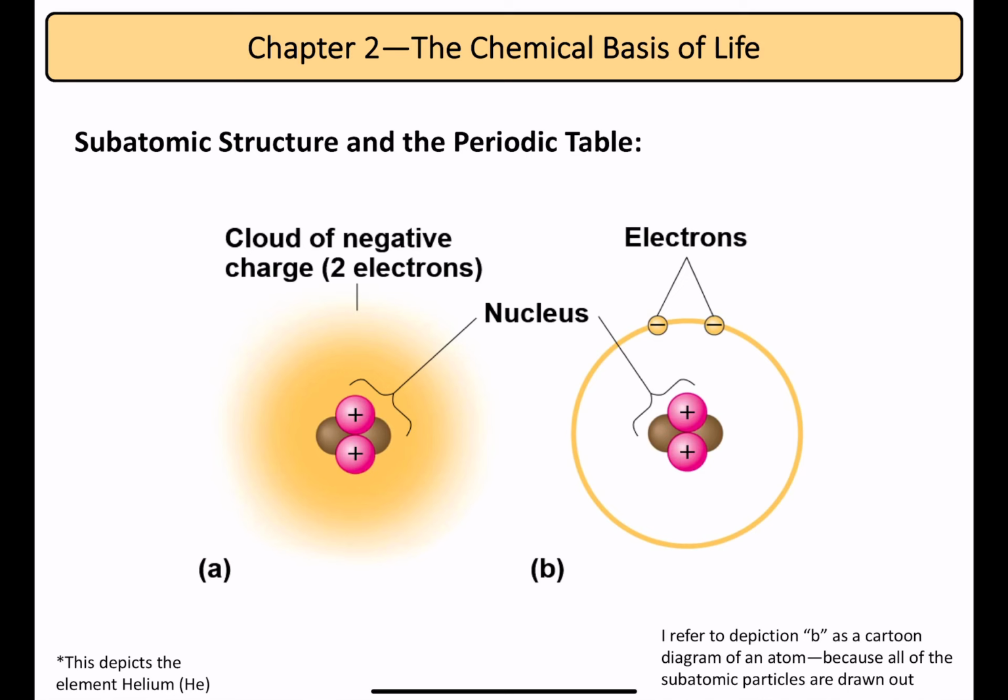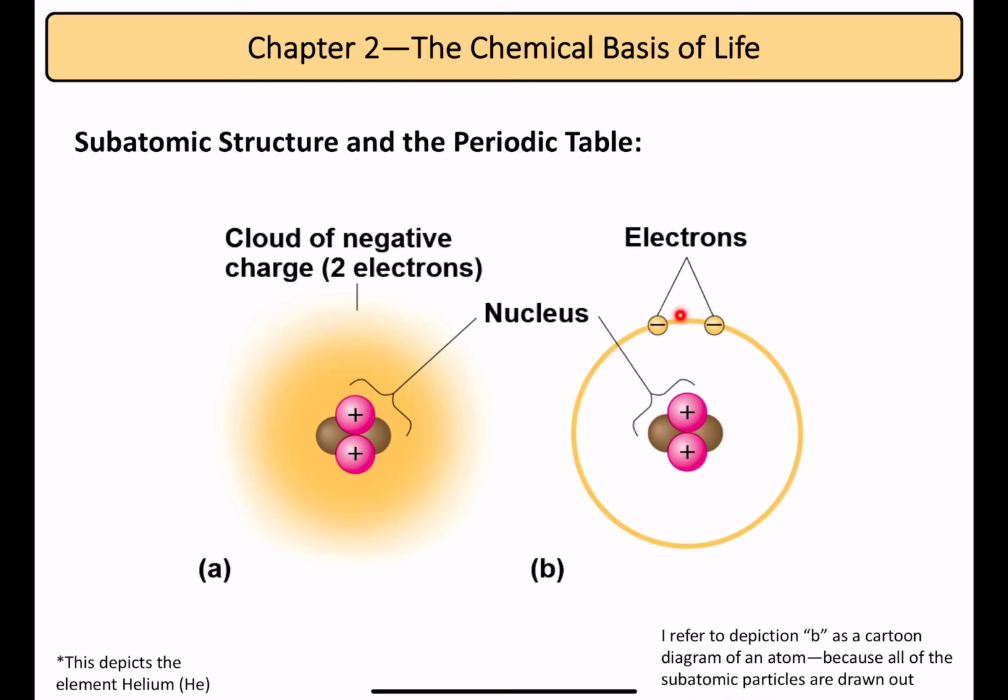So here we have that basic structure of an atom depicted. Here they chose a very simple element, helium. And you can see what I was talking about. So here's your atomic nucleus, that dense core in the center. So helium has 2 protons in pink, right? They have positive charge. 2 neutrons in brown, they're neutral.